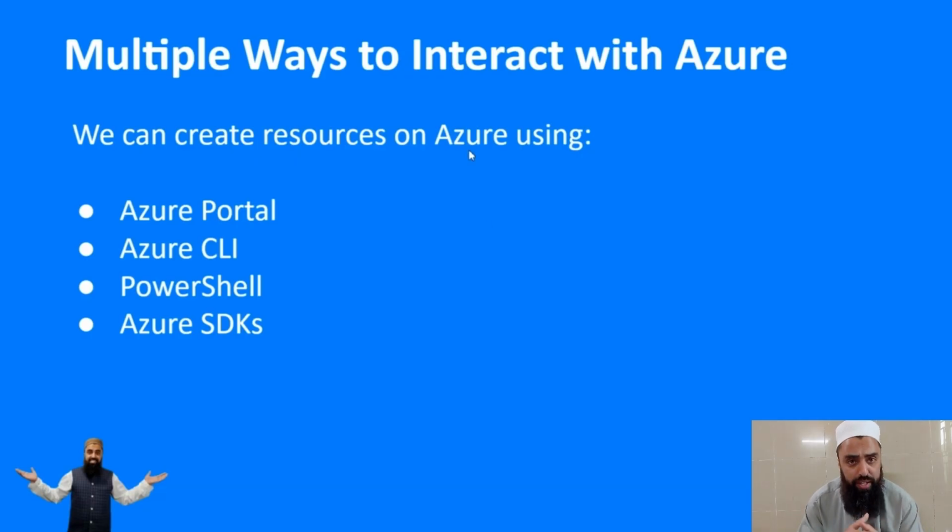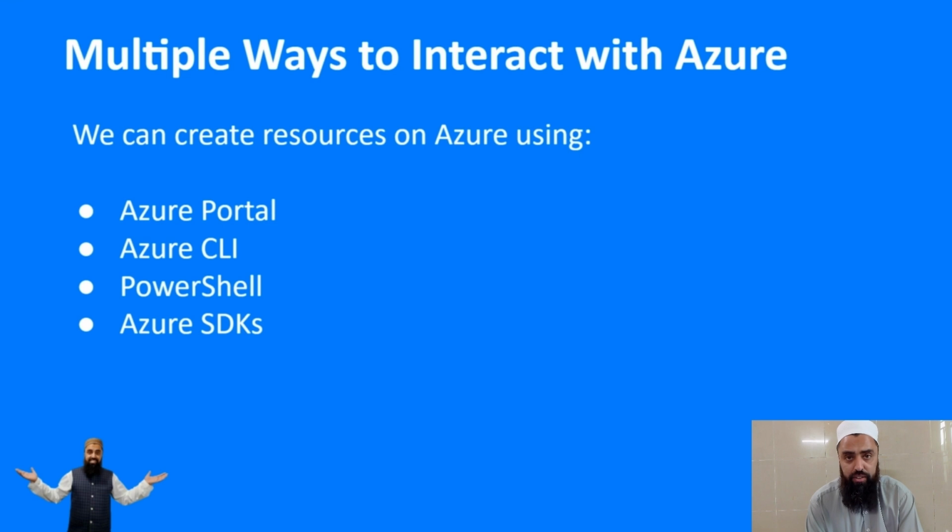And the other ways to interact with Azure, I will mention those. The one is Azure Portal, the others are Azure CLI, which we can install, and also we can use PowerShell, which is also a Microsoft product, and also we can use Azure SDKs, software development kits, that can be used with other languages for integration like Java or Node or Express.